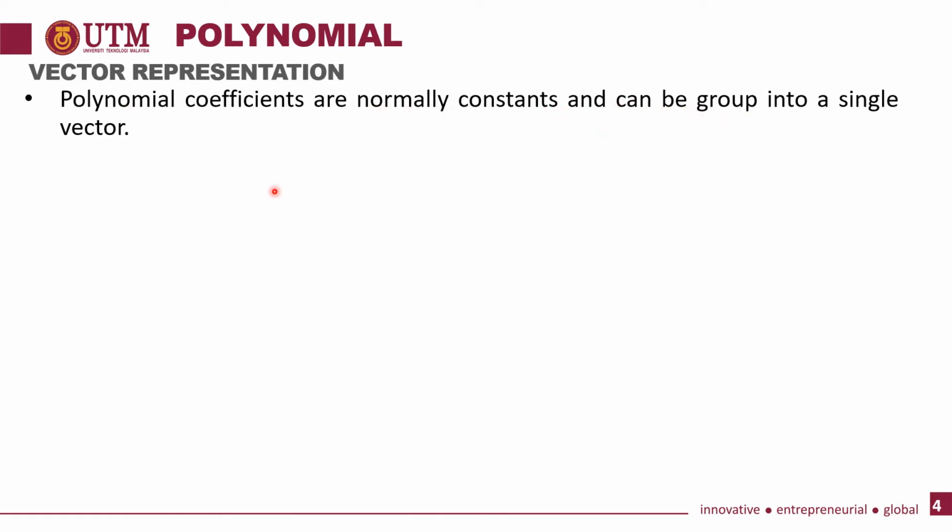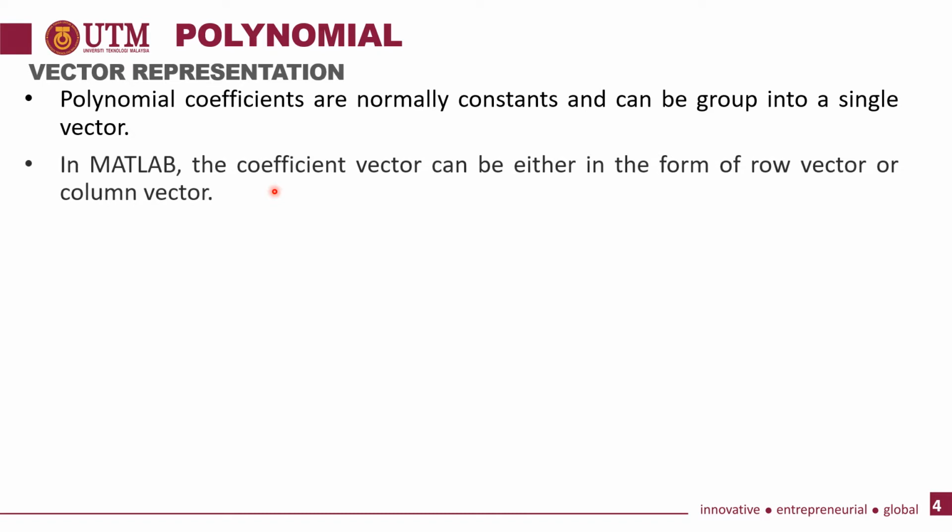Usually the coefficients inside a polynomial are constants. They don't have any variable value; the value doesn't vary. In MATLAB, the coefficient vector can be either a row vector or a column vector. So in terms of vector representation, you can customize your vector, either as a row or as a column.